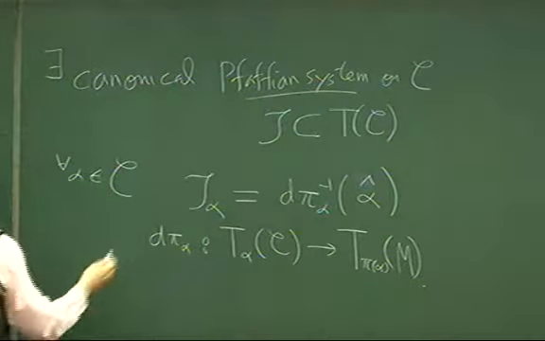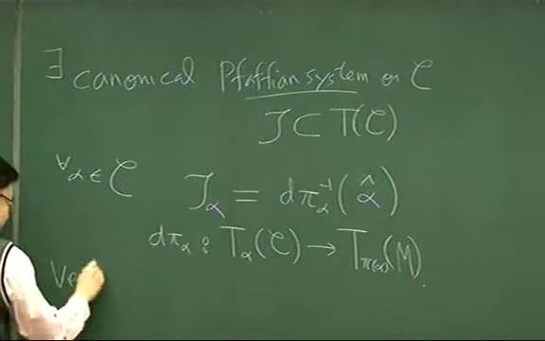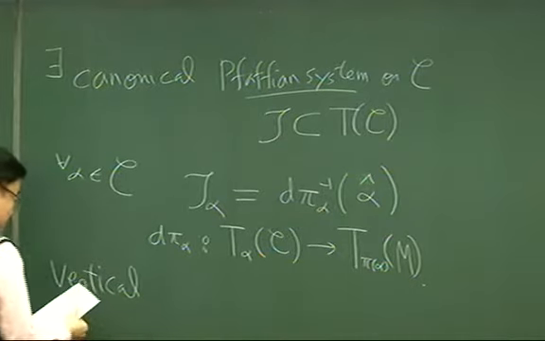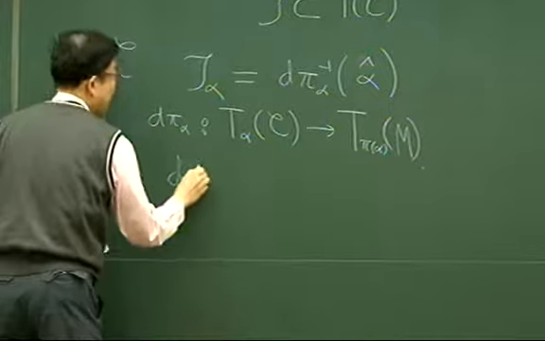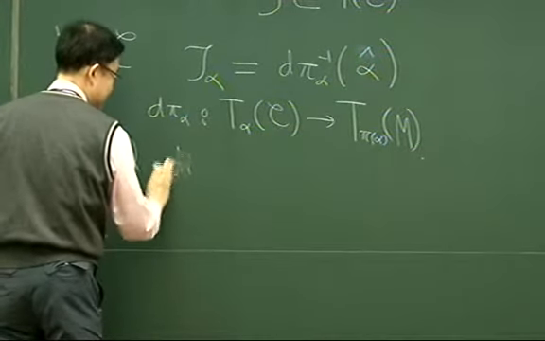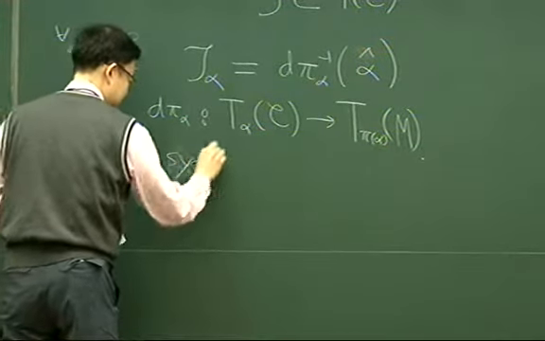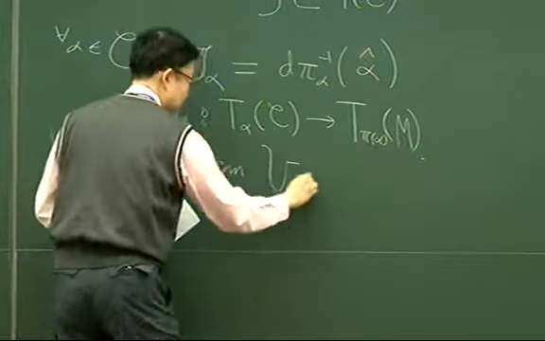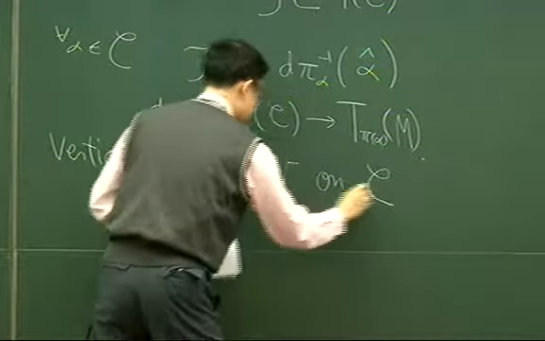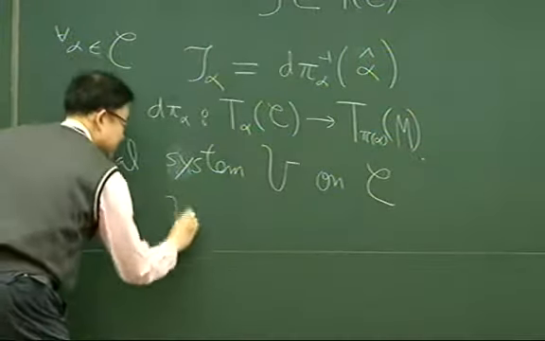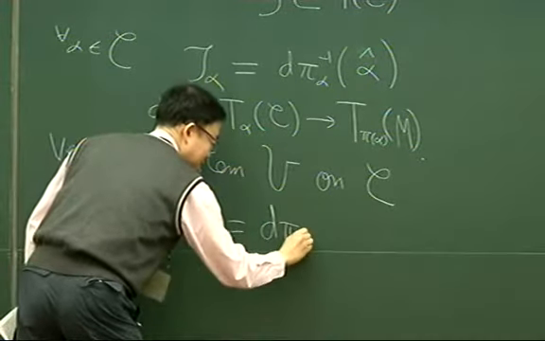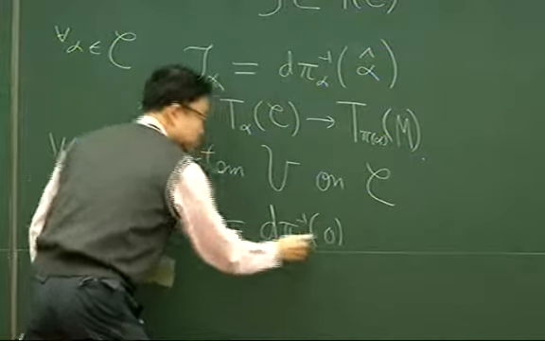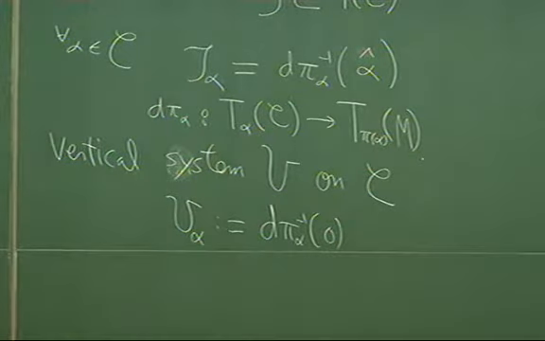And then we also have the vertical distribution, the vertical system V on C, V alpha is just the vertical directions.